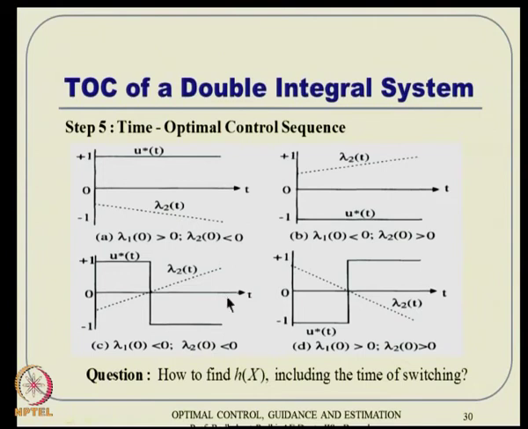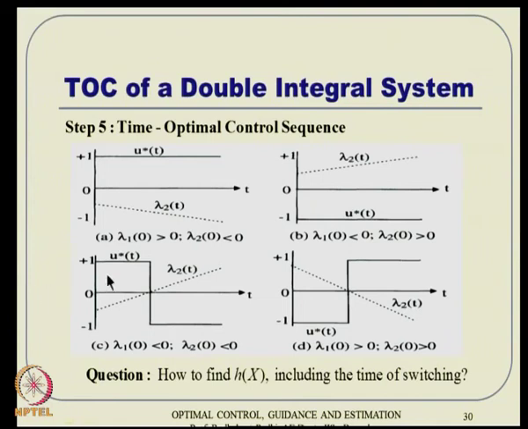That is very clear. Now, what about the case like this? It starts from negative, but because the slope is positive, at some instant it crosses the 0 line. Up to that point lambda 2 is negative, hence my control is positive, and after that lambda 2 is positive and hence my control is negative.